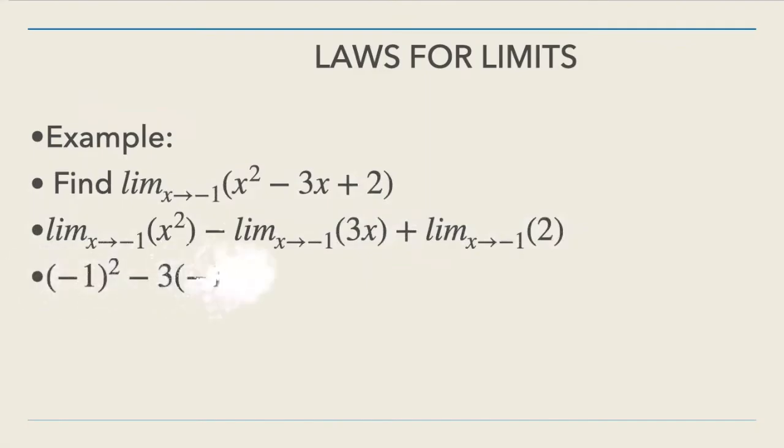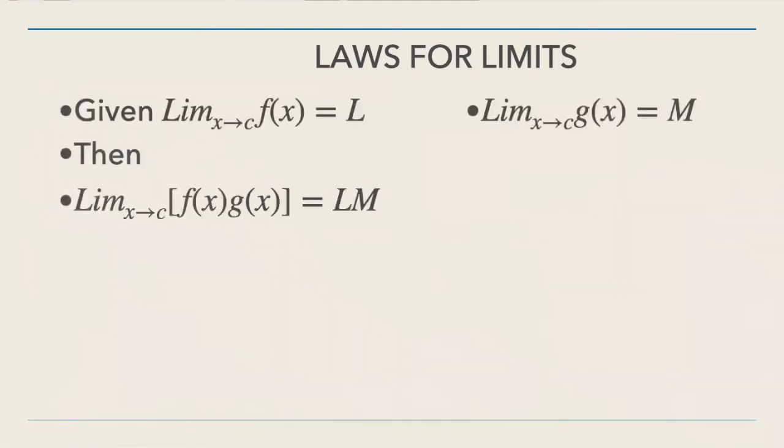So we find the limit of x squared to arrive at -1 squared. We find the limit of 3x, so we have 3 times -1. And I've stated before that the limit of a number is the number. So -1 squared is 1. -3 times -1, that's +3. And add the 2, so your answer is, yes, you're correct, 6.